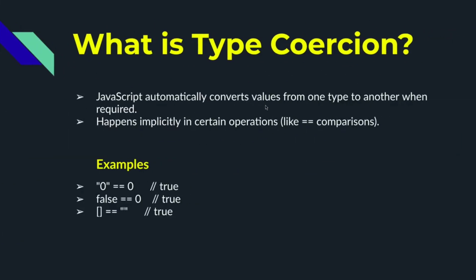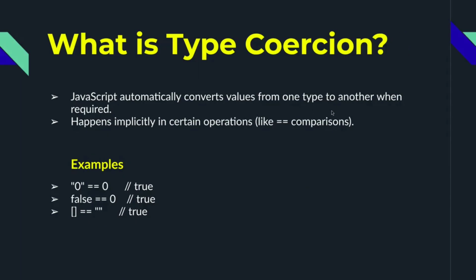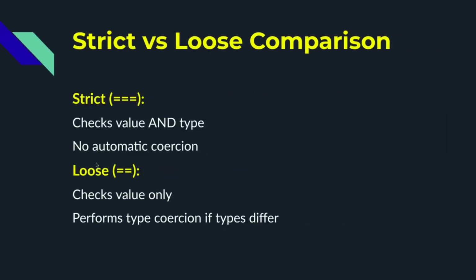So we're going to learn about JavaScript type coercion. So what is JavaScript type coercion? In this lab today, we analyze a deliberate authentication vulnerability caused by loose equality comparison. When I say the loose equality comparison, this is what I mean. Let me show you.